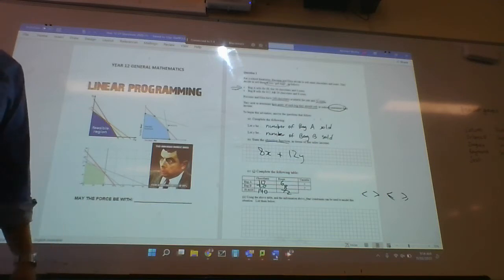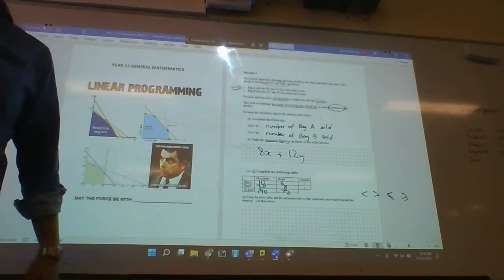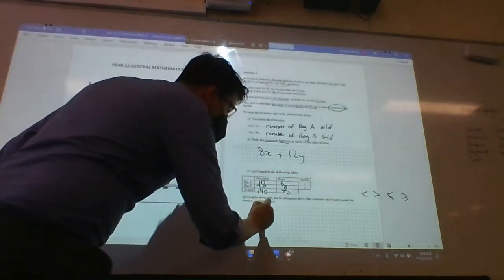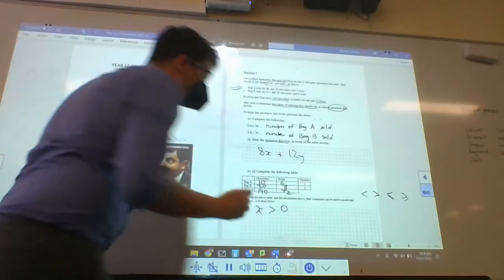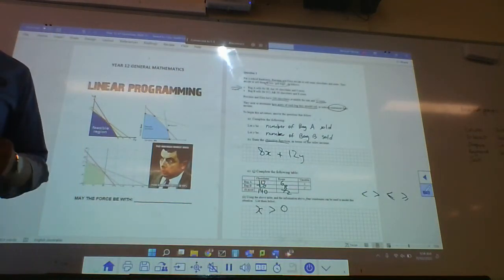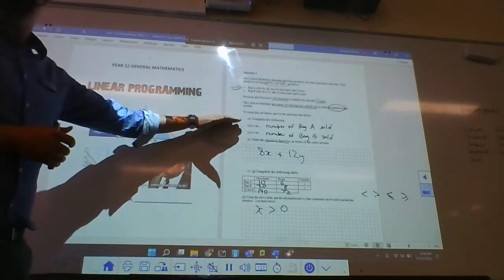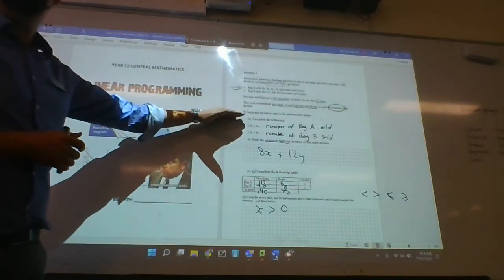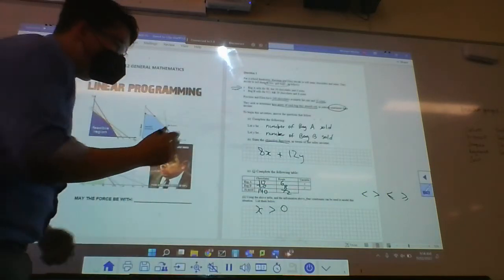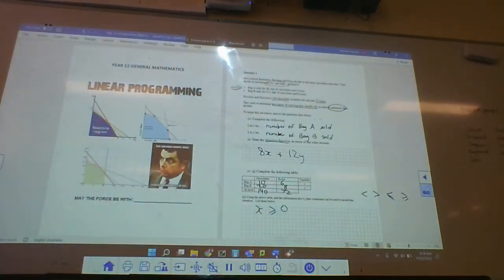It's got to be greater than 0, doesn't it? You can't sell a negative number of bags. That's right. Good. So X has to be greater than 0. Now, can it also be equal to 0? Remember, X means the number of bag A. Could we sell none of bag A and just sell all of bag B? Yeah, that could happen. So, as a result, X has got to be greater than or equal to 0.